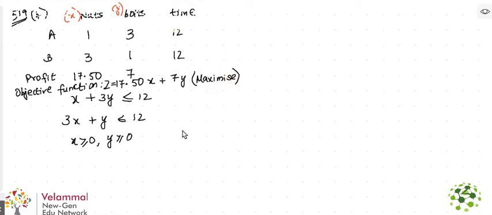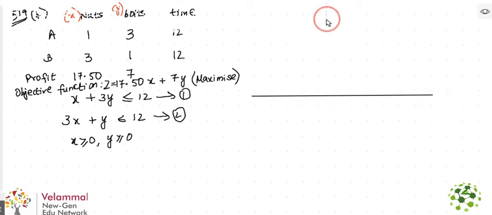Now what am I going to do? I am going to draw the equation 1 and equation 2 on a graph sheet. Okay, I have a rough graph sheet, but you need to practice linear programming problems in the graph notebook only because answers are very, very important. Okay, so only when you use the graph sheet, you will get the accurate answer.